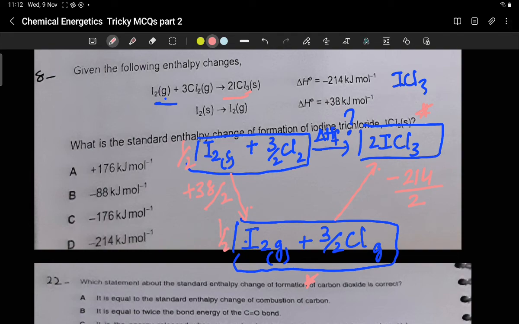So delta HF is equal to 38 over 2 plus minus 214 over 2. The answer is that delta HF, the enthalpy change of formation of 1 mole of iodine trichloride, is B, minus 88 kilojoule per mole.